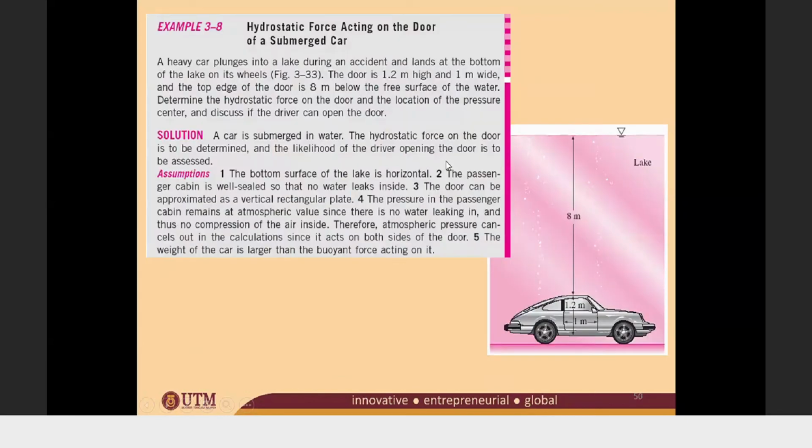Okay, example. A heavy car plunges into a lake during an accident and lands at the bottom of the lake on its wheels. The door here is 1.2 meter height and 1 meter wide, and the top of the door is 8 meter below the surface.